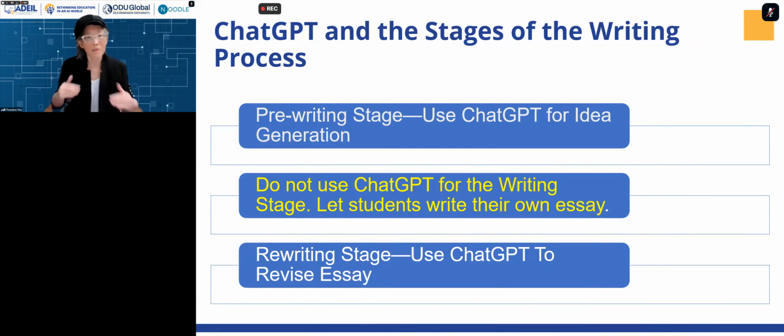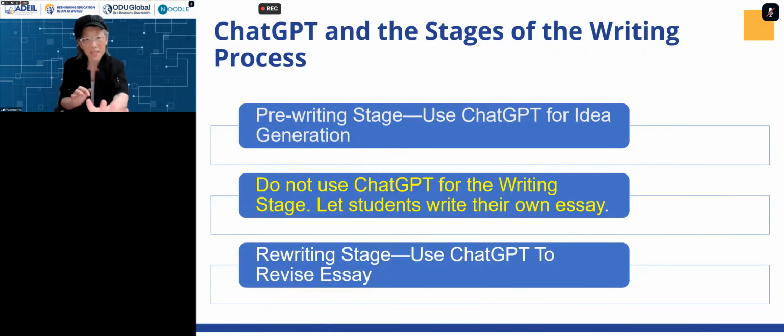I tell people that if there's one takeaway from this presentation, it's this. You can use ChatGPT for the pre-writing stage and the rewriting stage, but I suggest you don't have ChatGPT write the essay for students. In the writing stage, that's the only stage where I tell students that they have to write the essay themselves.